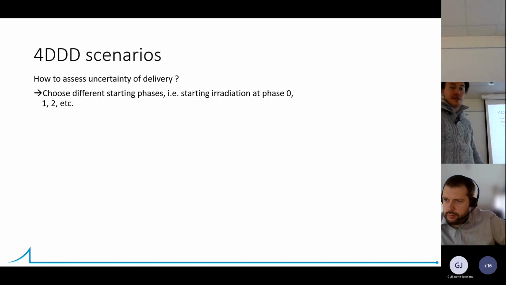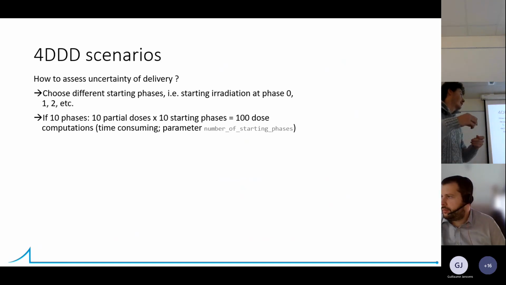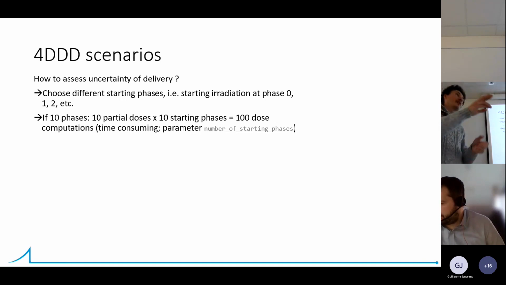For each simulation you need to compute 10 partial doses, so the dose corresponding to each motion phase, and then if you want to start at different times, you multiply again by 10, so that's 100 dose computations, which can be quite time consuming.